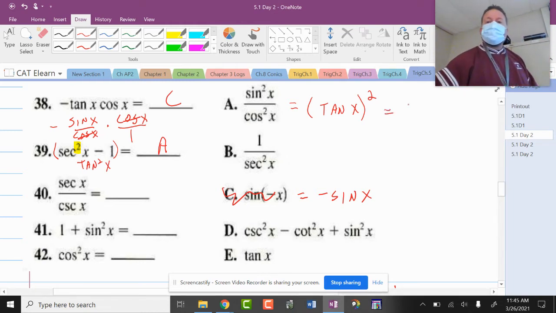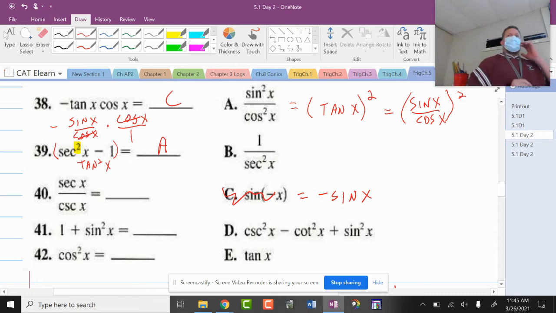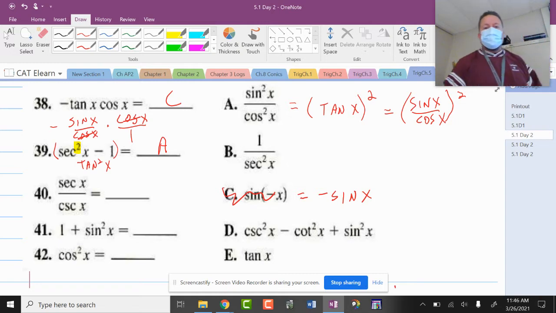And then we know tan of x is sine over cosine, squared. Yes, tan squared equals sine squared over cosine squared. Tan to the fourth equals sine to the fourth over cosine to the fourth. Got it? The powers carry over, I guess is the best way I could explain this.